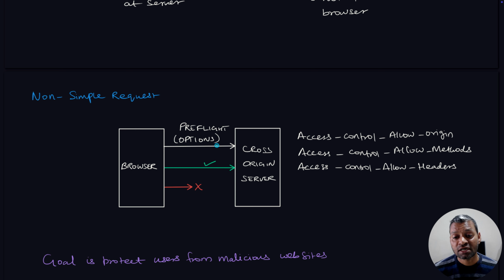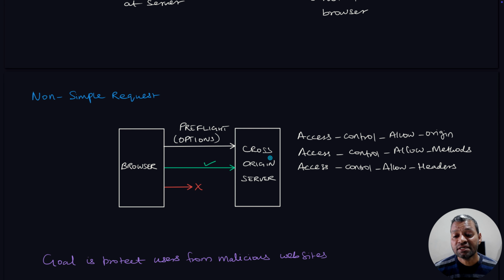This is done using the options verb, which means the server will respond, and that response will include all these three headers. Okay, so it includes access control allow origin, access control allow methods, access control allow headers. These are the access control headers which indicate what origins are allowed, what methods are allowed, and what headers are allowed for the requested resource.